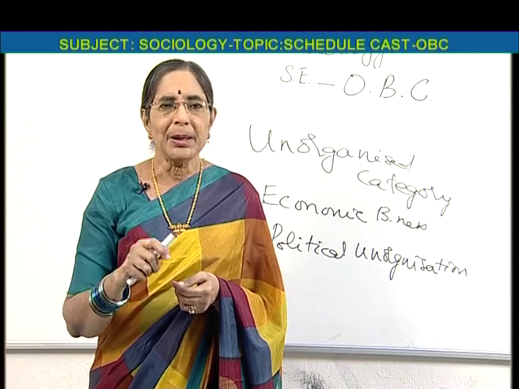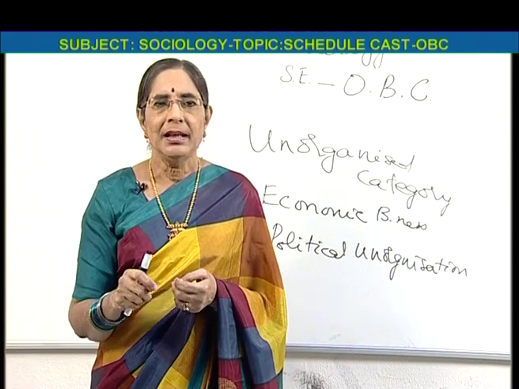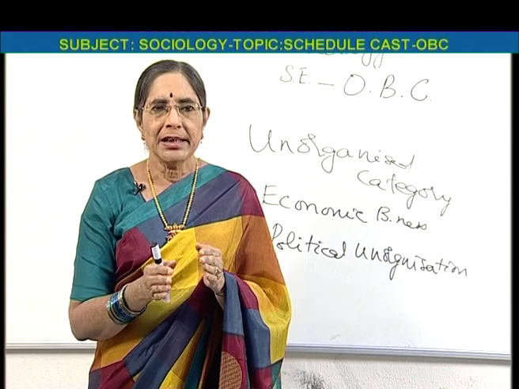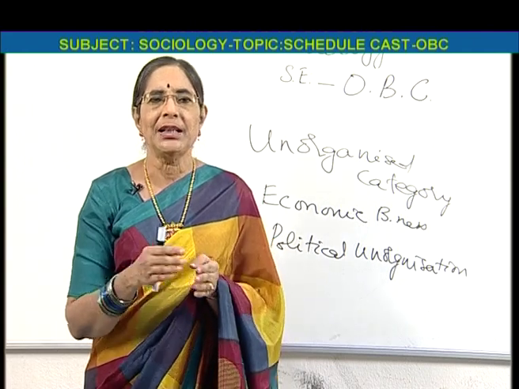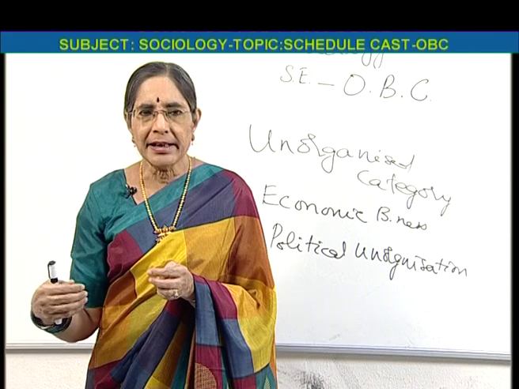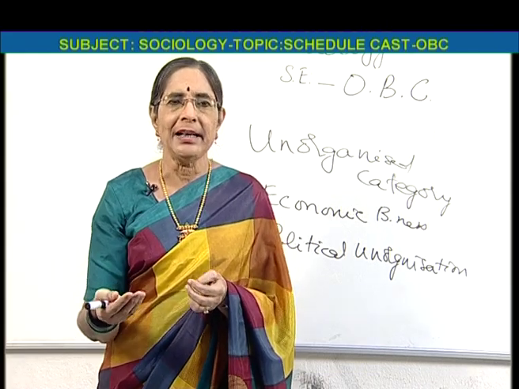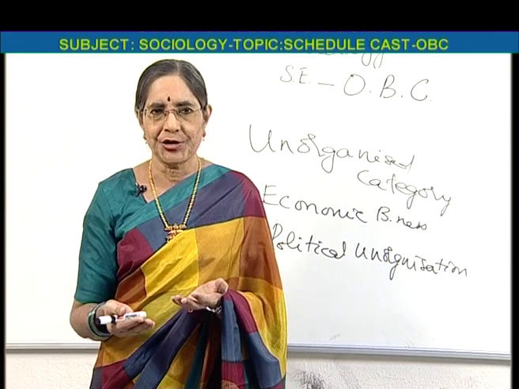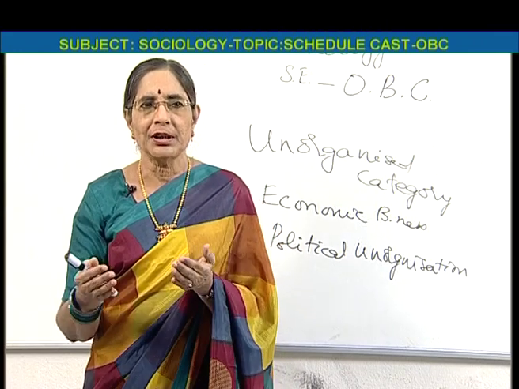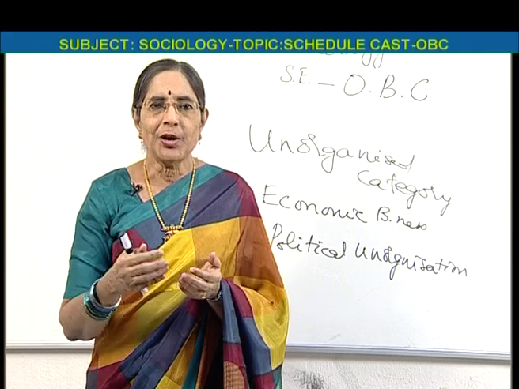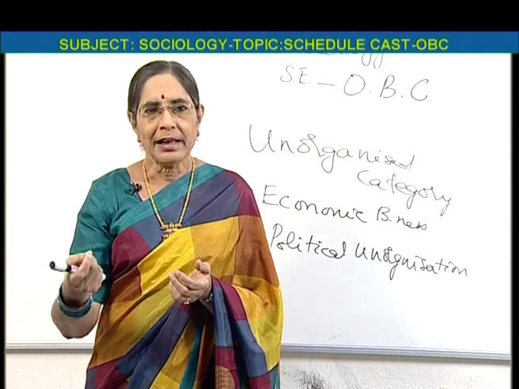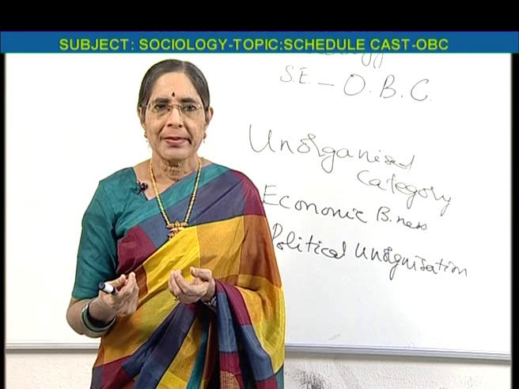it was not accepted by the government because the government wanted to see not on the basis of caste but on the basis of other criteria not related to caste. The commission clearly said that unless and until we take caste, we are not able to find a good criterion for identifying backwardness.